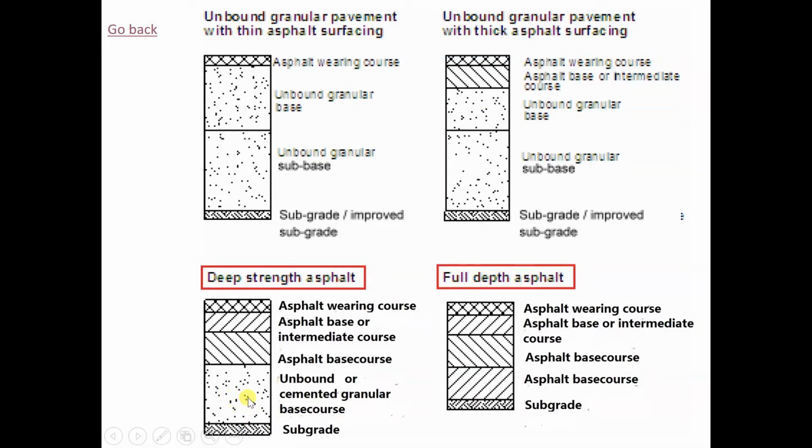By definition, for deep strength, the base course needs to be asphalt, and it's called deep strength. Whereas in this case, the bottom part is mentioned as the base course, so I think there's a different terminology.